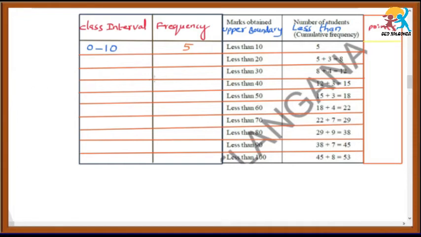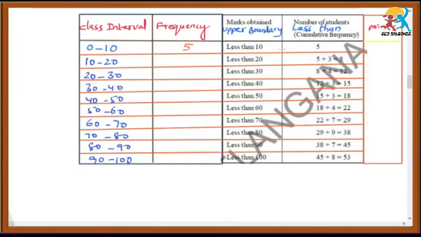And for the next class intervals, the difference is 10, that is why the class interval difference will be 10 only. So 0 to 10, 10 to 20, 20 to 30, 30 to 40, 40 to 50, 50 to 60, 60 to 70, 70 to 80, 80 to 90, 90 to 100.